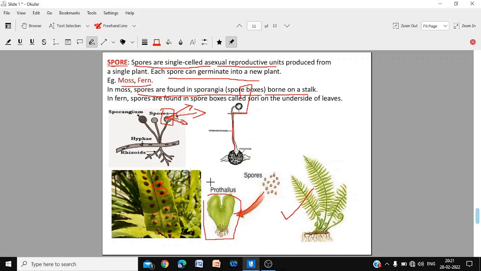So we get sori as brown or red spots on the underside of fern leaves. And we have the sporangia or spore box in moss, which will burst to liberate spores, and each spore will grow into a new plant.